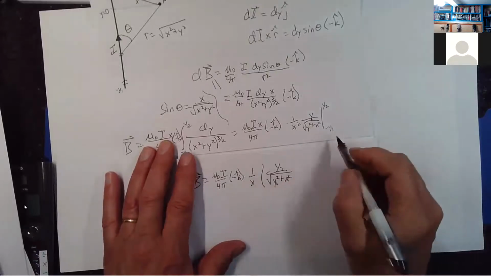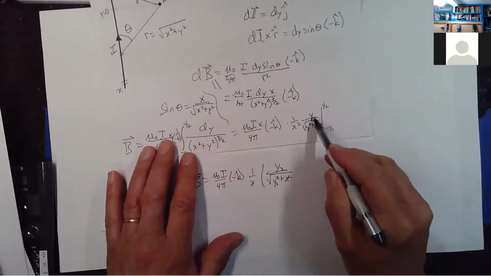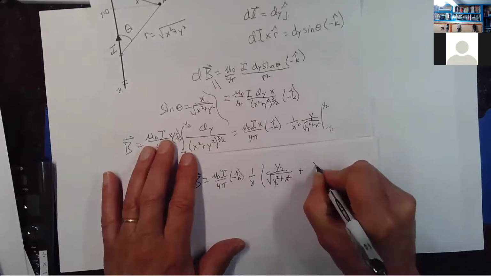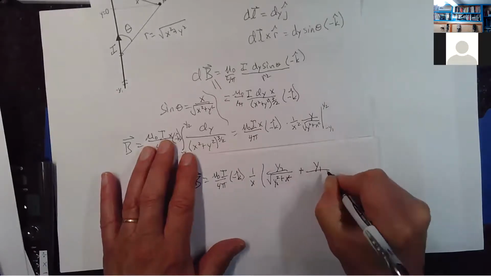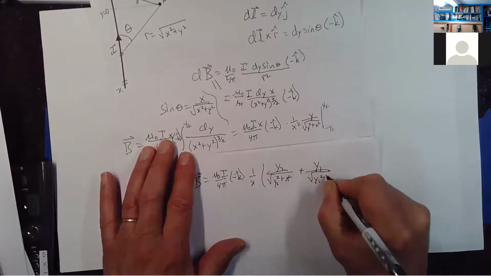And then minus, well, I'd have minus y1 on top. That actually makes it into plus y1 divided by the square root of y1 squared plus x squared.